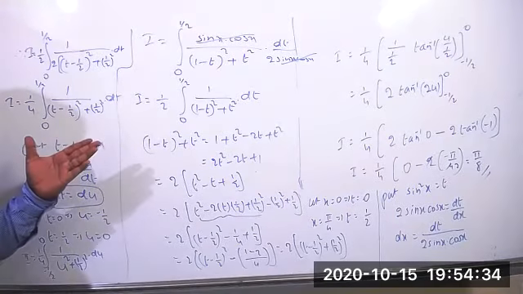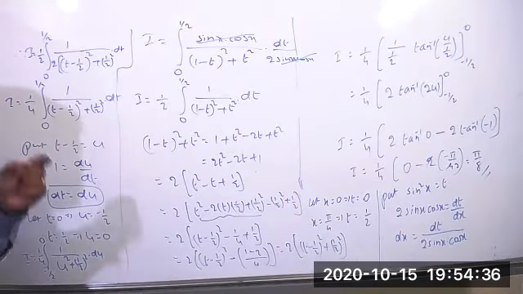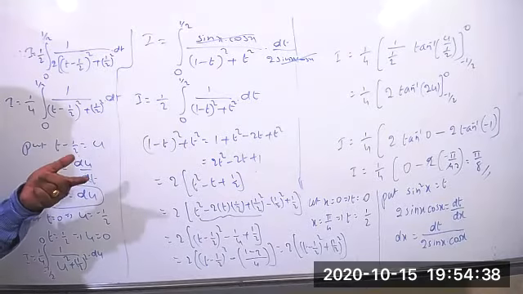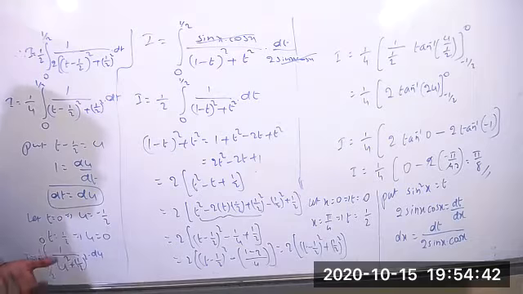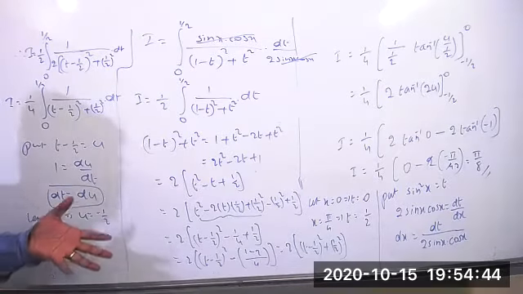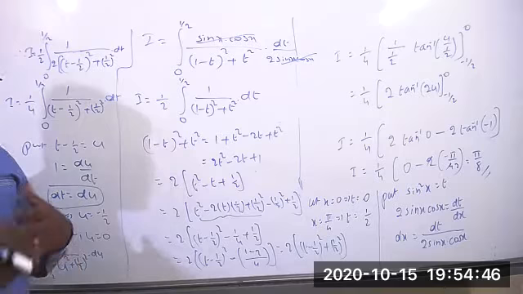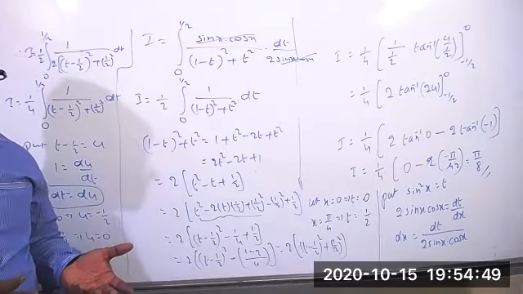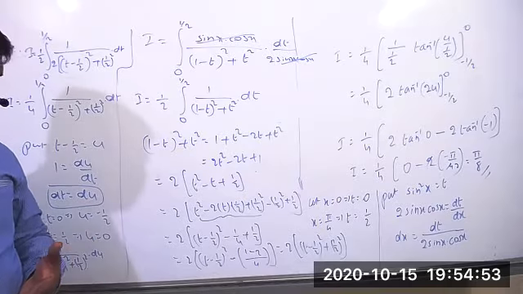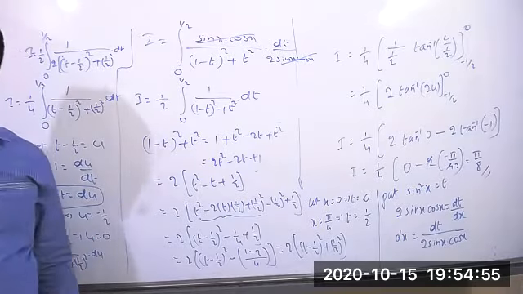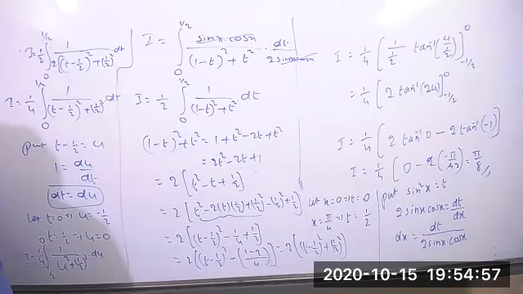If we take u, then compulsorily we have to change the limits. Suppose we are not changing the limits, then compulsorily at last we have to change it back. We already did this in indefinite integrals: whatever substitution we take, at last we replace it with the original variable. In the same way you can do it. Not an issue. Okay, we completed. I'll give the next one now.